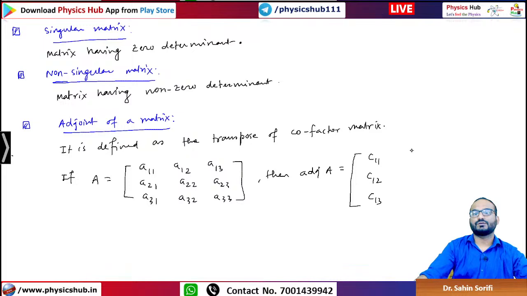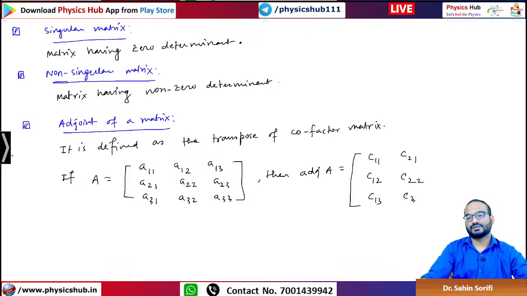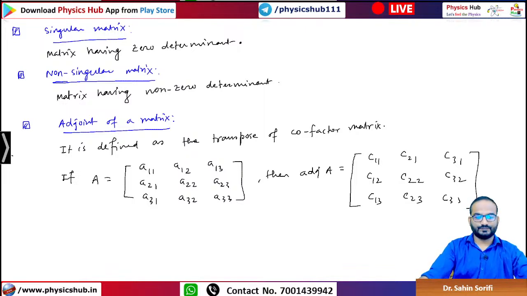Similarly A21, C21, A22, C22, A23, C23. You are reading along the row direction, but writing along the column because of the transpose. C31, where C means cofactor, C32, C33. This is the adjoint of matrix A.